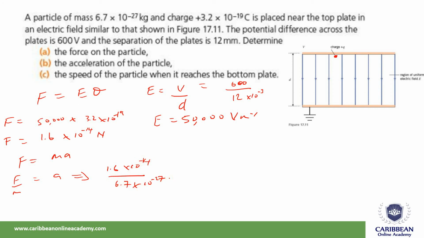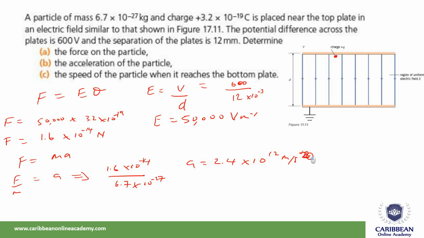When we put that in our calculator, we get that the acceleration A is going to be 2.4 times 10 to the positive 12 meters per second squared.